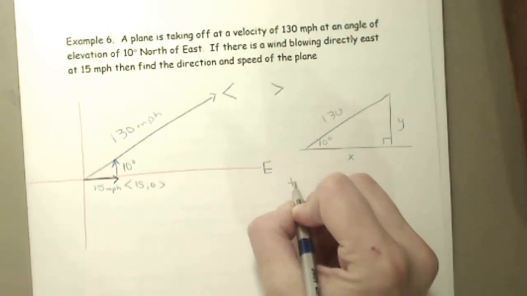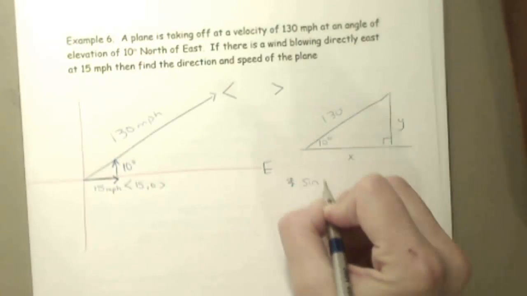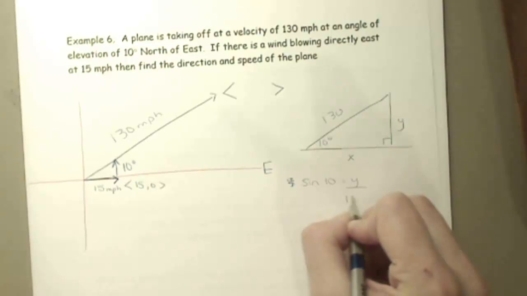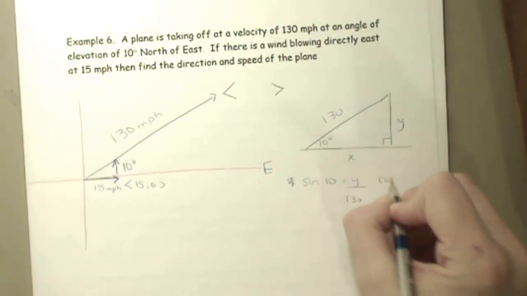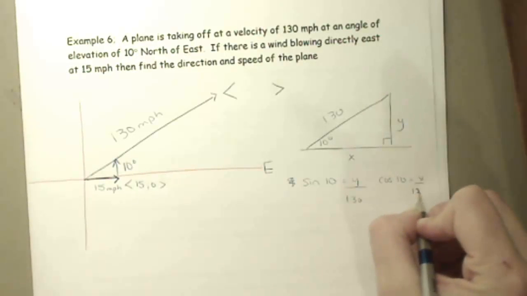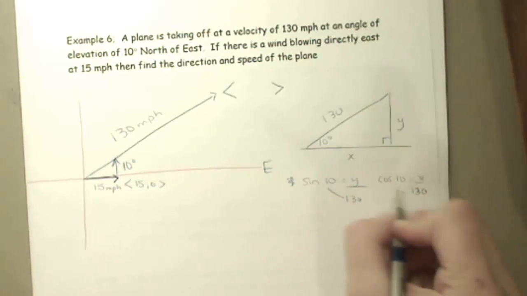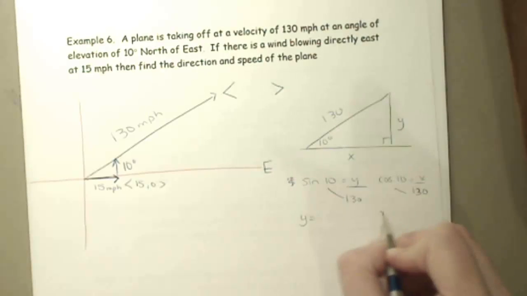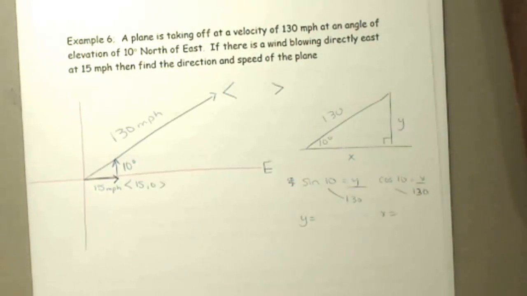So I know that the sine of 10 is equal to y over 130, and the cosine of 10 degrees is equal to x over 130. Cross multiplying gets me my y-coordinate and my x-coordinate.